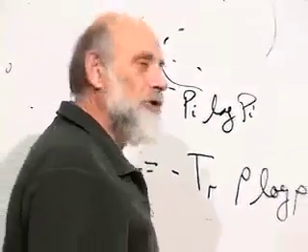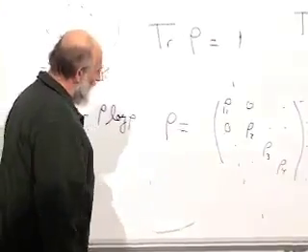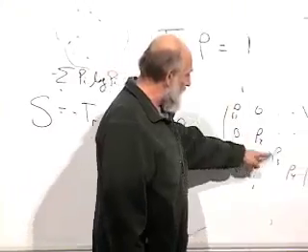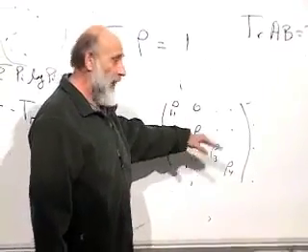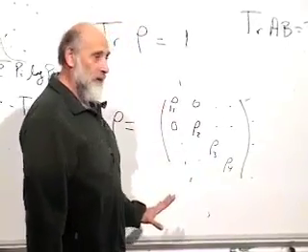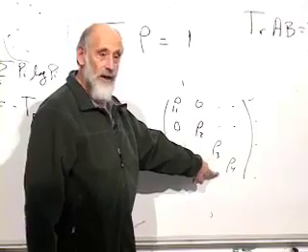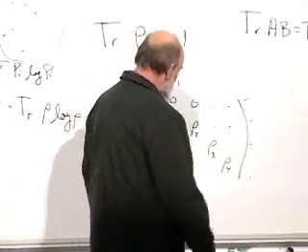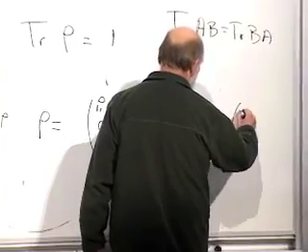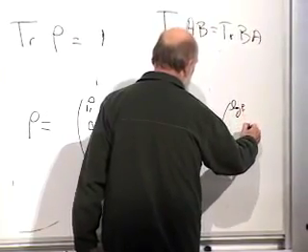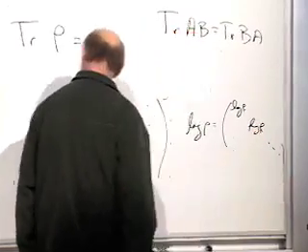Well, there's a general answer to that, but let me give you the answer in the simple case where the matrix can be brought to diagonal form. If the matrix in some basis is diagonal, then the logarithm of the matrix is just the matrix made out of the logarithms of the eigenvalues: log rho 1, log rho 2, and so forth and so on.